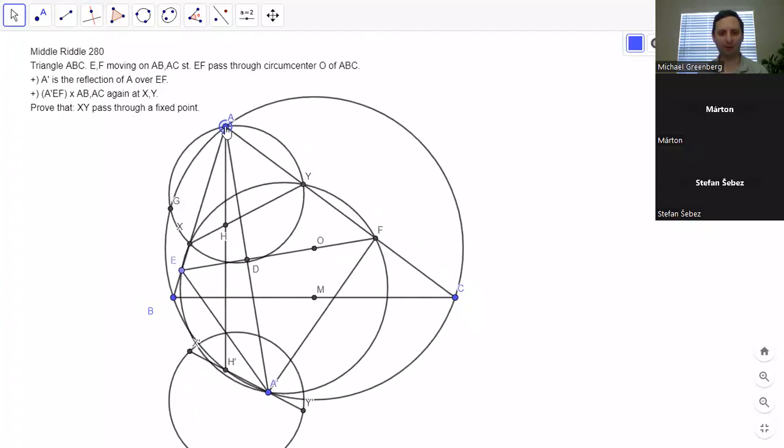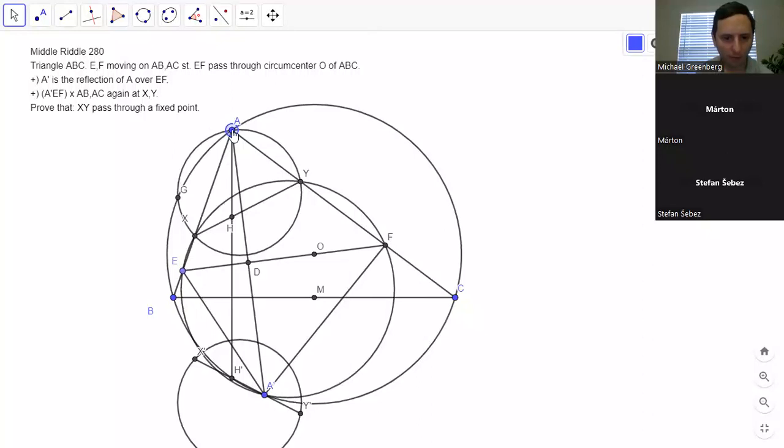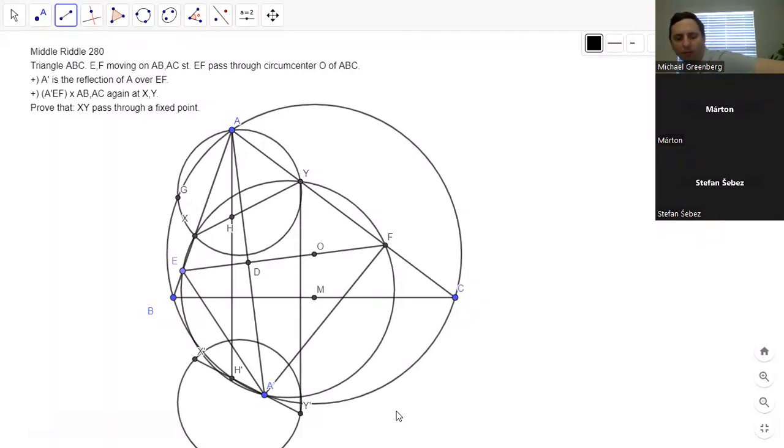Yes, okay, I think that helps a lot. So all we need to show is that if you reflect Y over BC, then Y prime, A prime, and H prime are collinear. I feel like that's an easier problem.